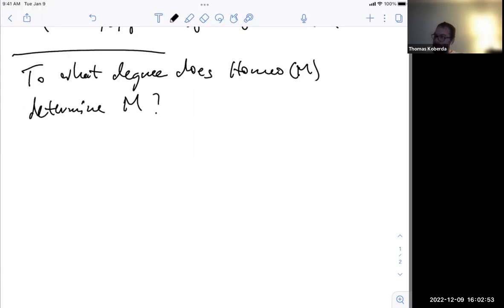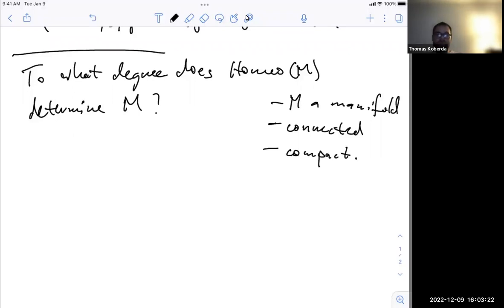Here M is a manifold, and in this talk I'll always assume that it's connected. And also, for the sake of not having to repeat this over and over, I'll assume that it's compact. So there's the question of to what degree does it determine M, and also how does it do so?